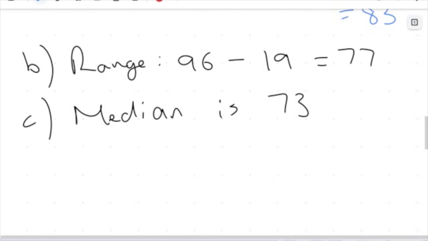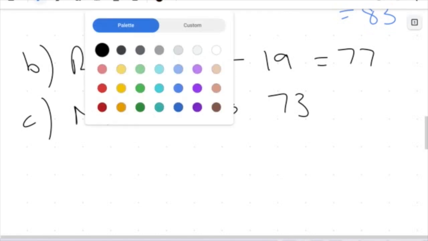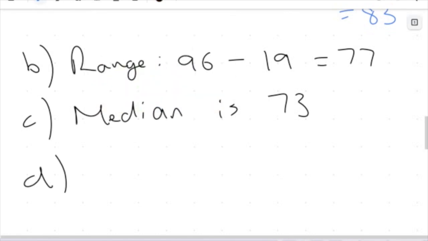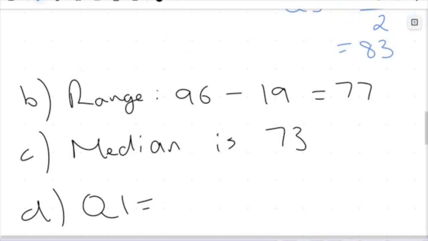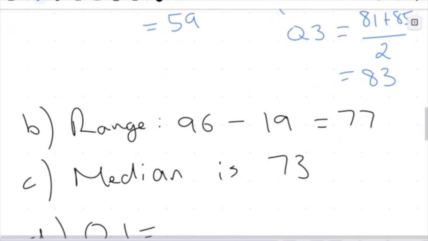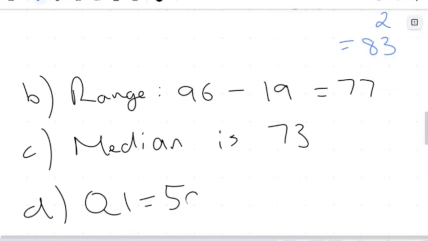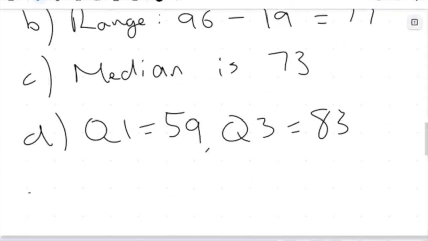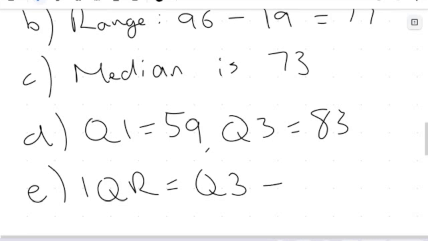so I found my quartile 1 and my quartile 3. So my Q1 equals 59. Q3 equals 83. My interquartile range is just the difference between my upper quartile and my lower quartile.